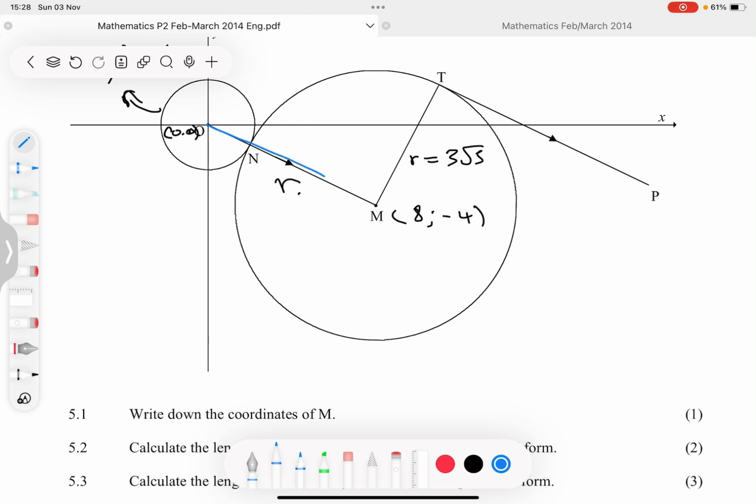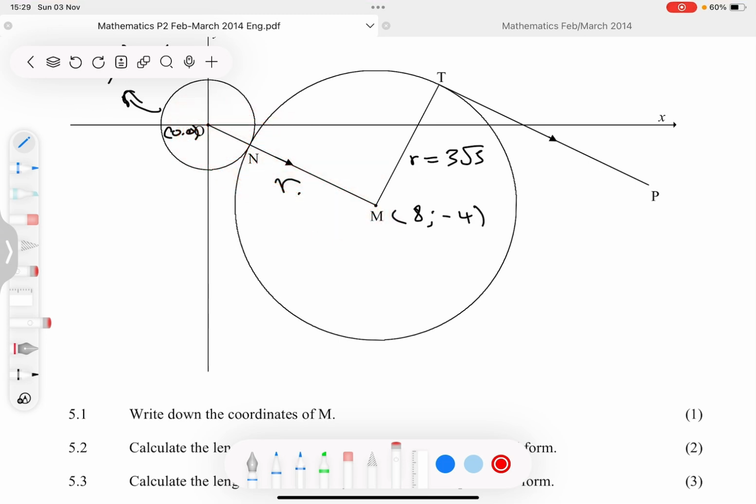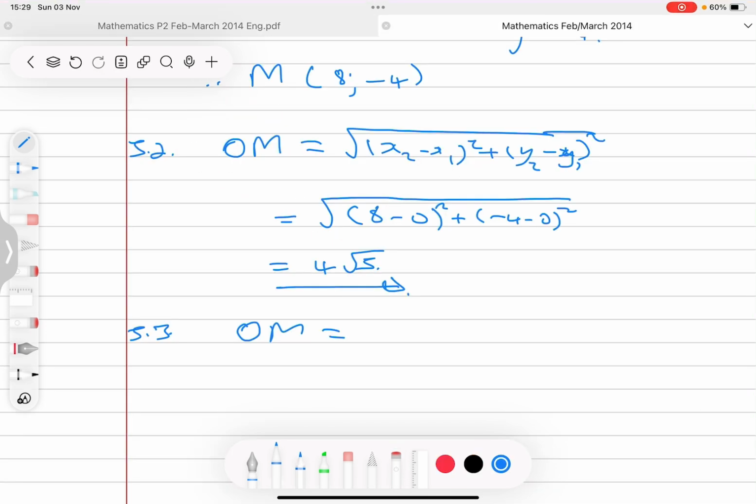The distance from here to here is the same as saying the distance from here, ON, plus the distance from here to here, NM. If you add the two, they'll give you this total distance here, right? So we're going to add ON plus NM to get that distance. So this will be ON plus NM.